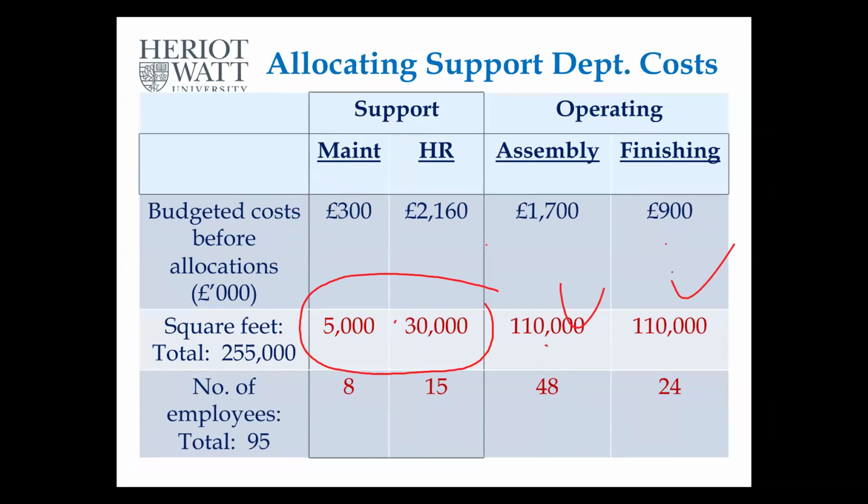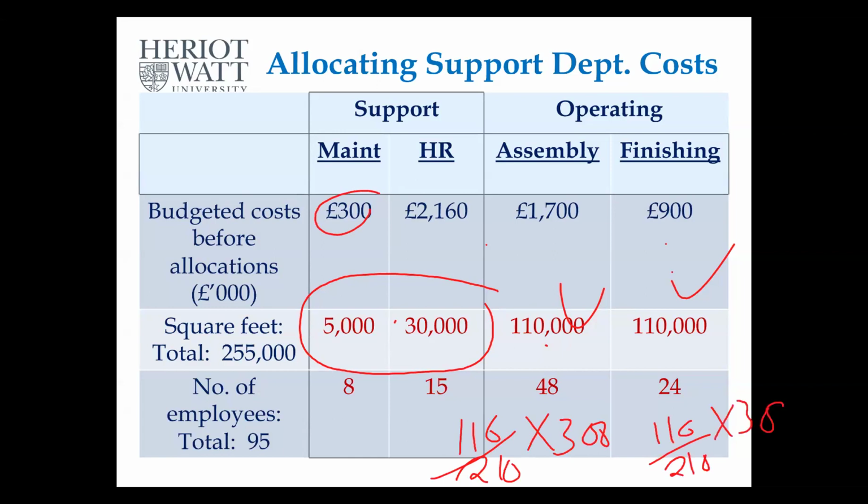This plus that gives us 210. So you do 110 divided by 210 times this 300. It will show you how much goes to assembly, and you do the same for finishing times 300. You get the point? That's how you are sharing using the direct method.